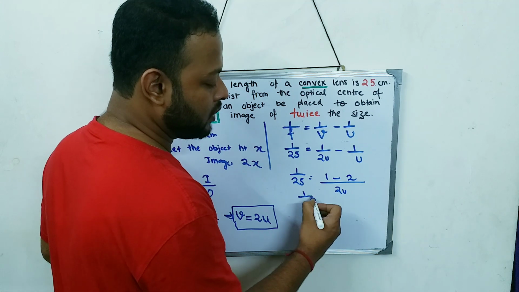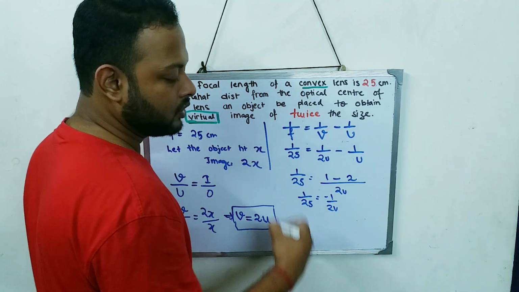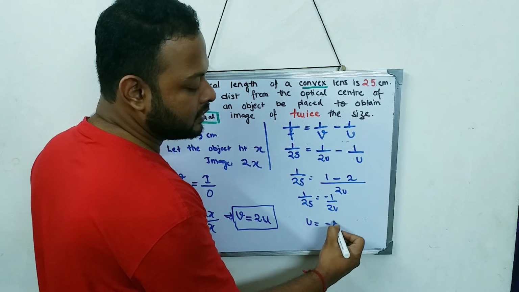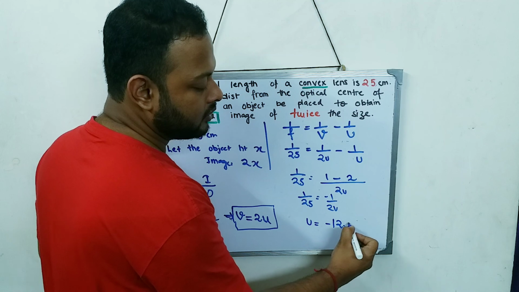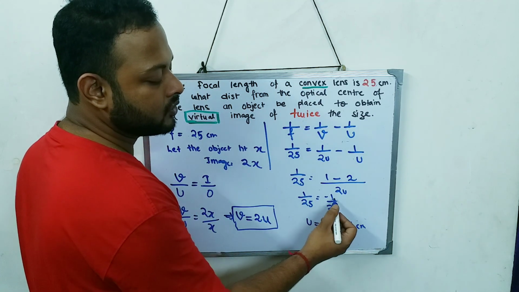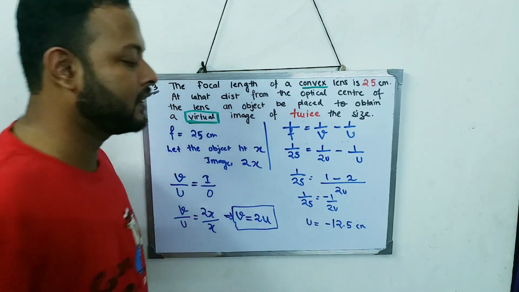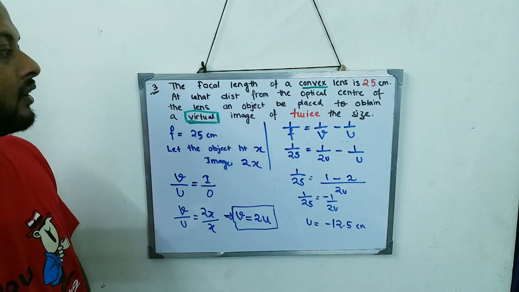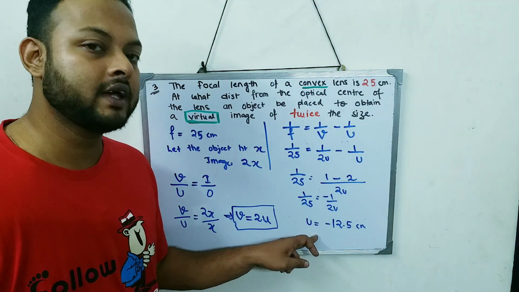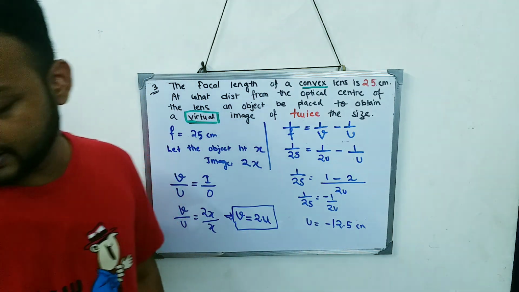So after this, 1 by 25 is equal to minus 1 by 2u. Solve this and you will get the u value as minus 12.5 centimeter. 2u goes this side, 25 goes this side, minus 25, and you will get the value of u as minus 12.5 centimeter. That means the object is placed 12.5 centimeter in front of the lens.